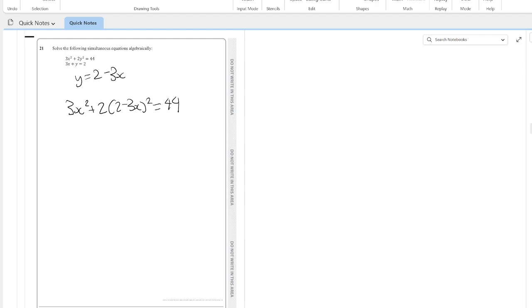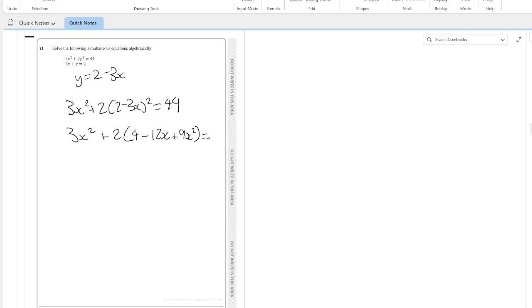So now all you have to do is to make this into a quadratic and solve it. So 3x squared plus 2, and what is inside here? Well, you can check this for yourself, but it is 4 minus 12x plus 9x squared.